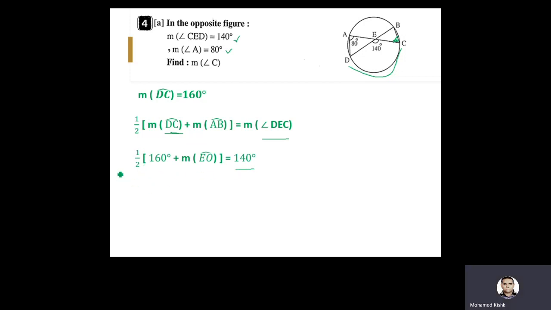Multiplying by two on both sides, the measure of arc AB will be 120.